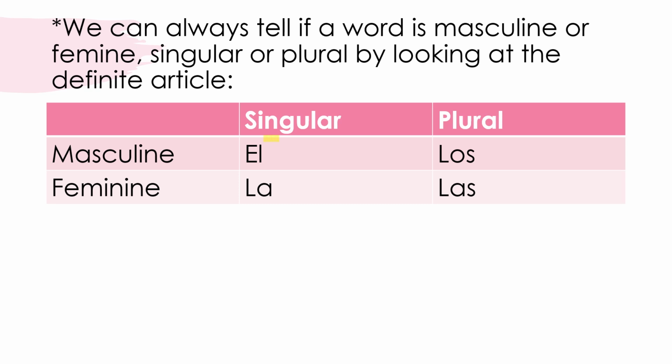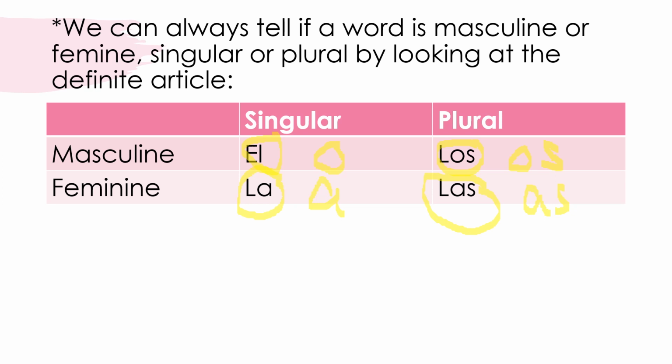So if I see el at the beginning, I know that it is masculine singular, which means I will put an O at the end of my adjective. If I see los at the beginning, I know it's masculine plural, which means I need to put an OS at the end of my adjective. If I see la at the beginning, I know an A needs to go at the end of my adjective. And if I have las, I need to have AS at the end of my adjective.